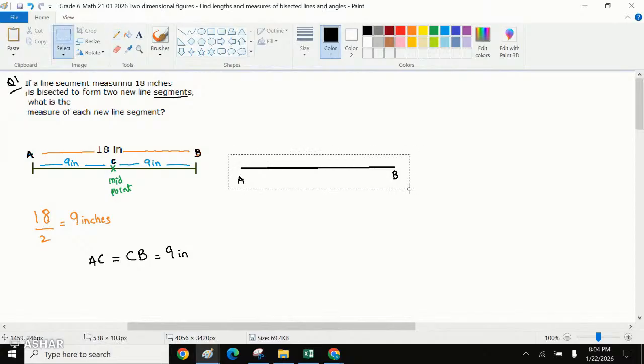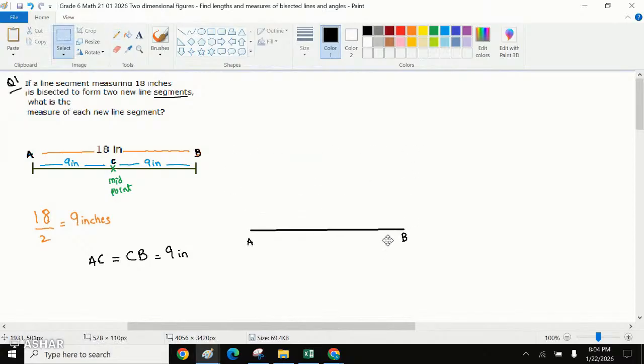I'll show you the steps for how you can physically do it on a piece of paper, with any given line. Step one: if we have a compass, we open the compass more than half the length of the line.